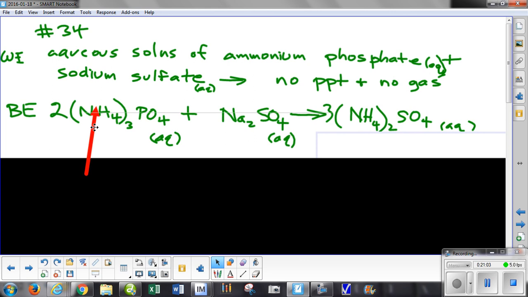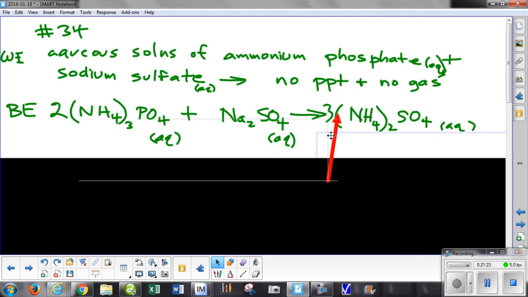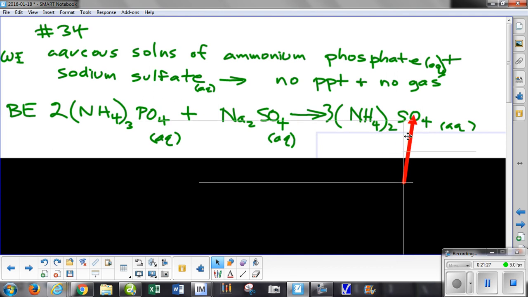That gives us a net 0 molecule. Then sodium is a 1 plus, sulfate is a 2 minus, and you find that on your chart. And then the ammonium sulfate has 2 ammoniums and 1 sulfate.